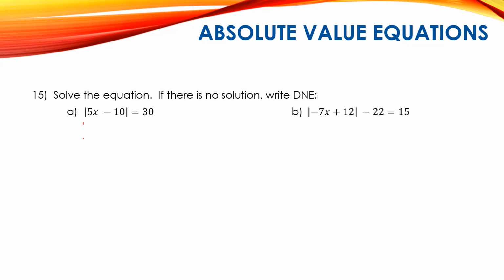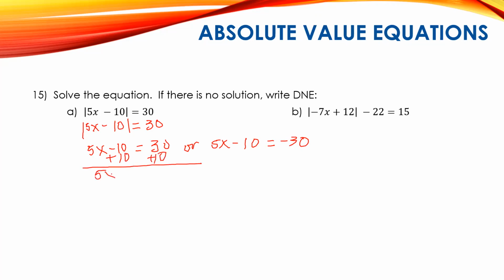We have the absolute value of 5x minus 10 equals 30. And that means we have 5x minus 10 equals 30, or 5x minus 10 equals negative 30. In this one, plus 10, we have 5x equals 40, because that cancels out, and x will be 40 over 5.